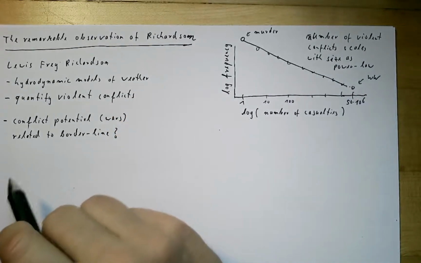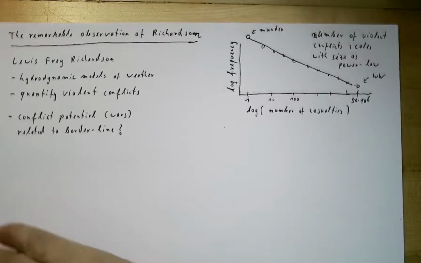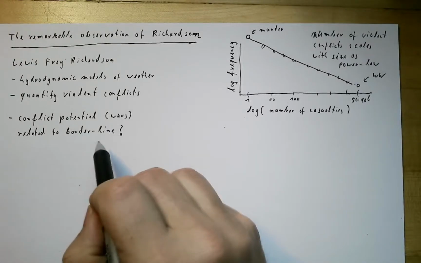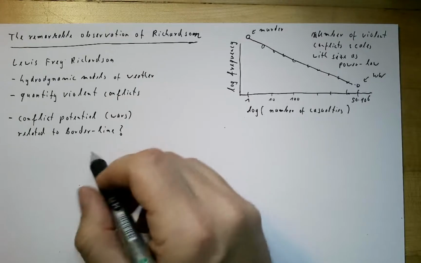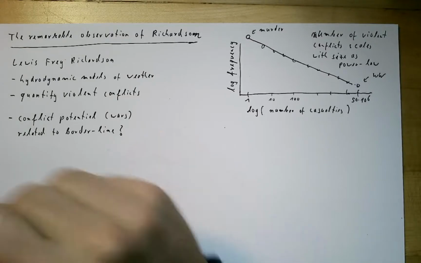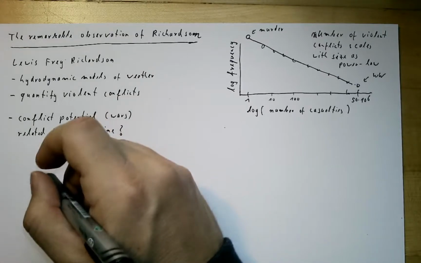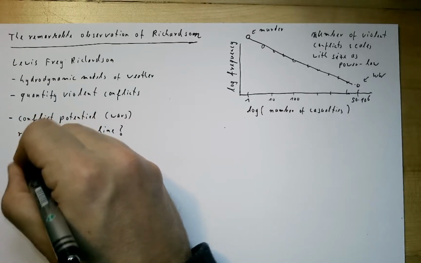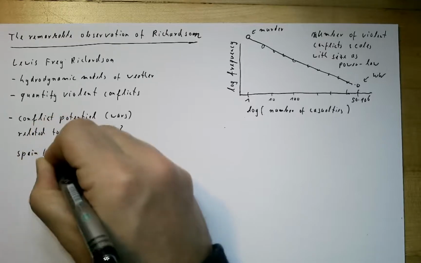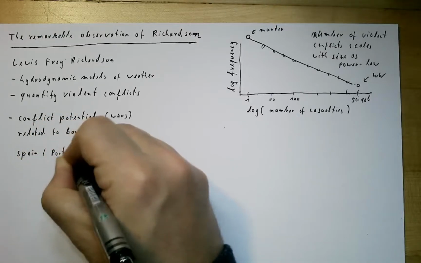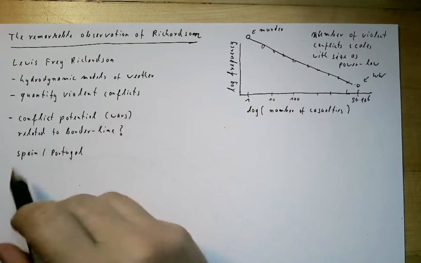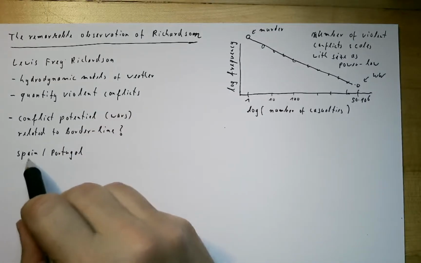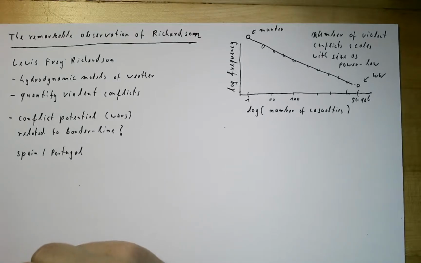Now we don't want to go into whether the potential or the likelihood for war really relates to the borderline. But he came to the idea, let's measure the borderline. He was interested at first in the conflict between Spain and Portugal, and he wanted to know the length of the border between Spain and Portugal.